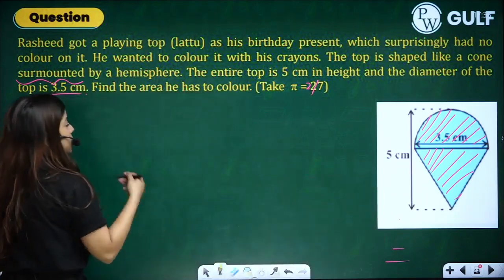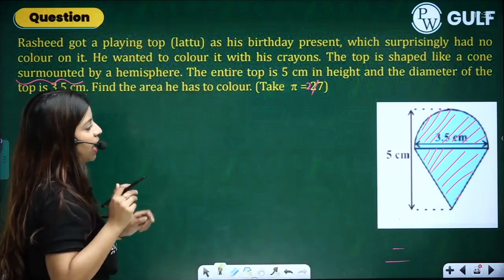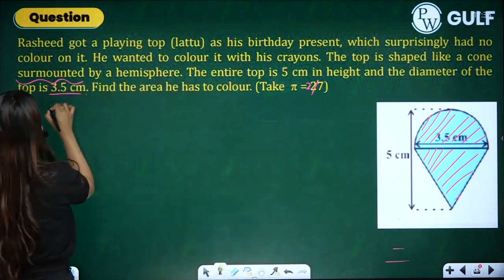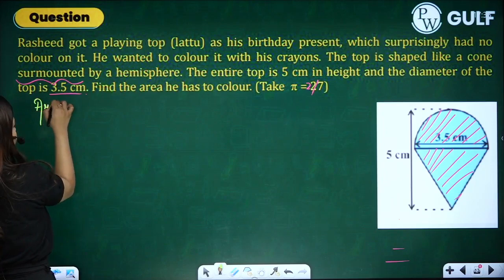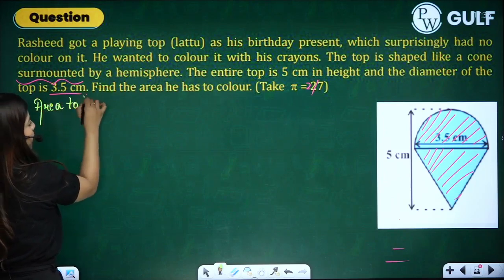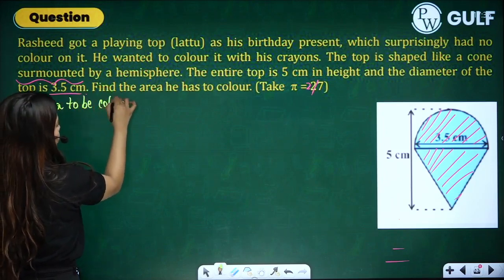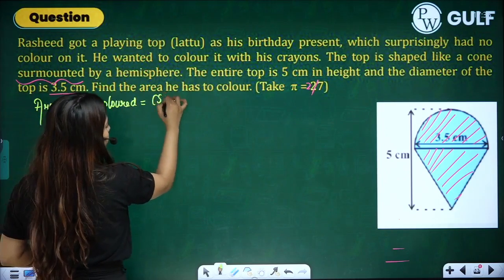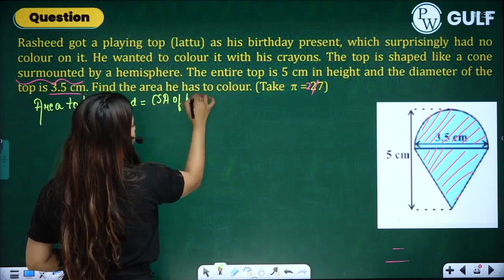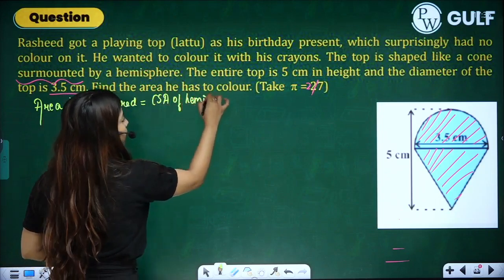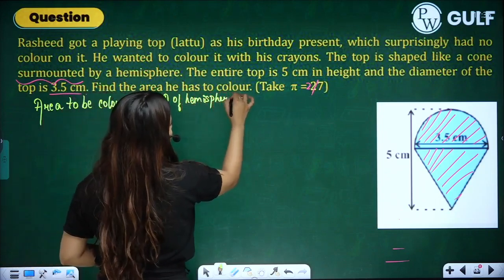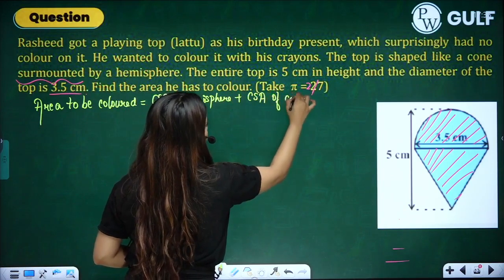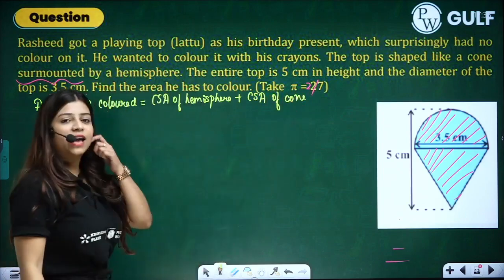The area to be colored is nothing but the curved surface area of the hemisphere, which we have to calculate individually, adding upon the curved surface area of the cone.